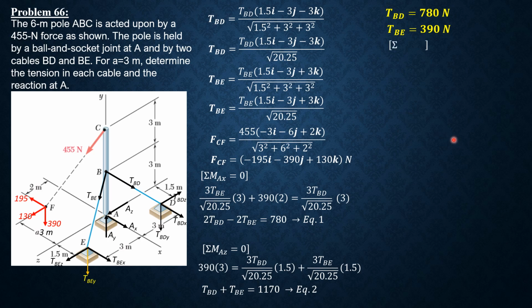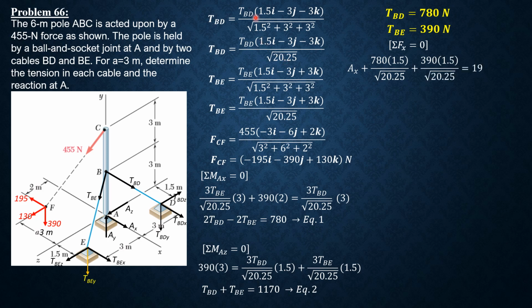So that's it. And for the reaction at A, summation forces X equals 0. So AX plus TBDX plus TBEX equals 195. That would be the equation. So AX plus 780 times 1.5 over square root of 20.25.